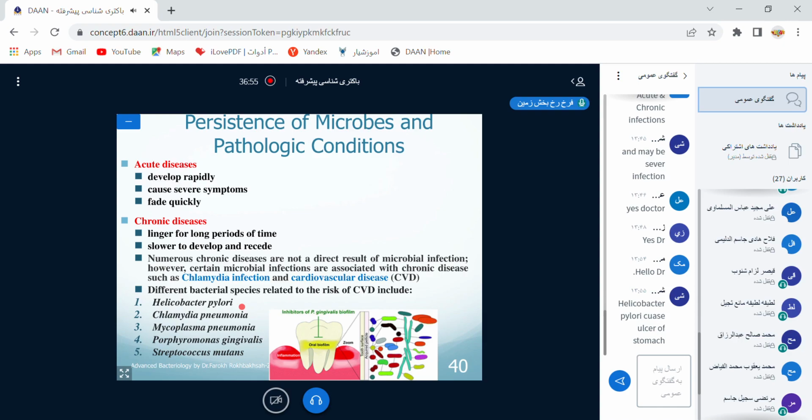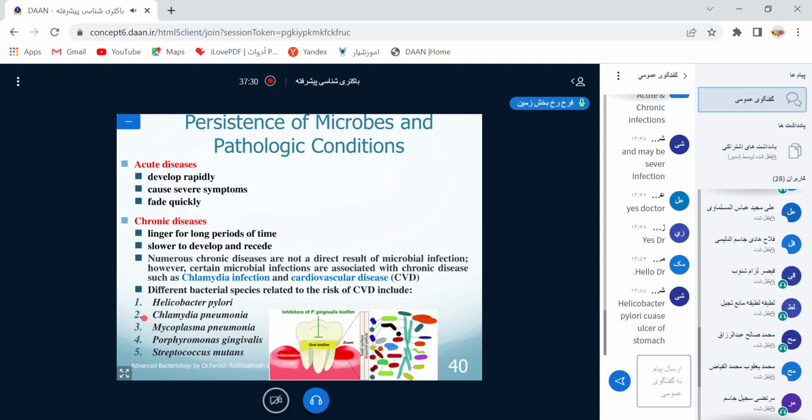But you can see this microbe, present in healthy people or in a patient with ulcer in the stomach, can sometimes be the causative agent for cardiovascular disease, as well as Mycoplasma pneumoniae and Chlamydia pneumoniae, which are present in the lung.